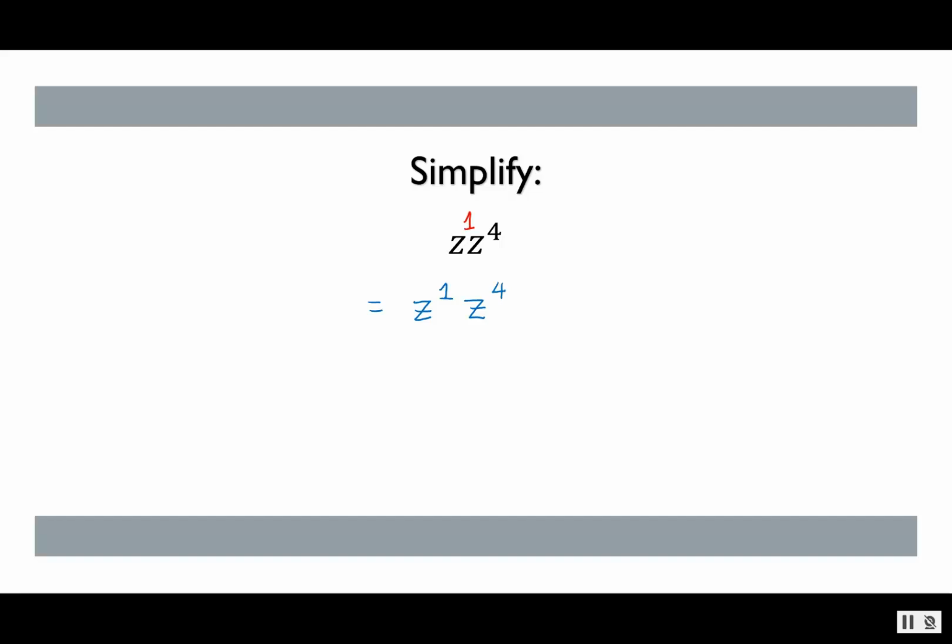Z times z to the 4th is the same thing as z to the 1st times z to the 4th. Z to the 1st times z to the 4th simplifies into z raised to the 1 plus 4 power, which equals z to the 5th power. Let's take a look at another example.